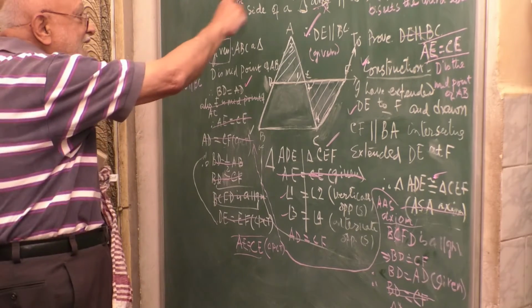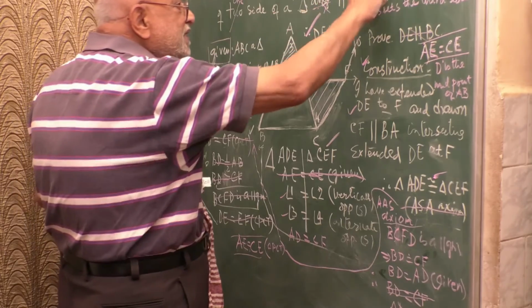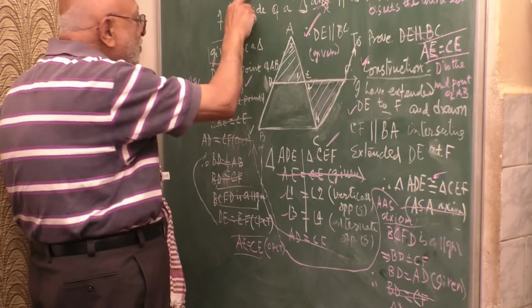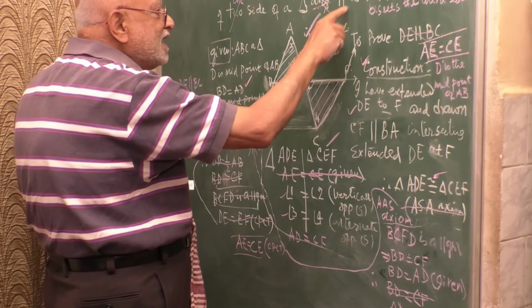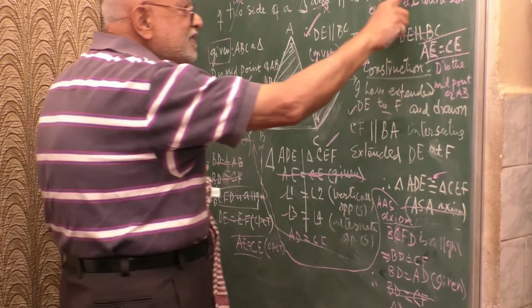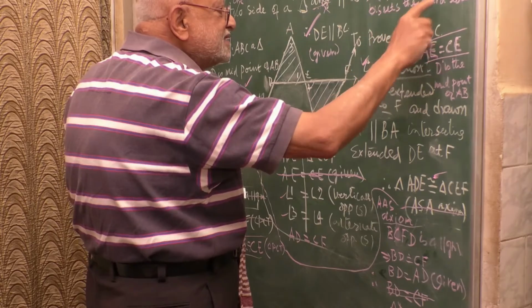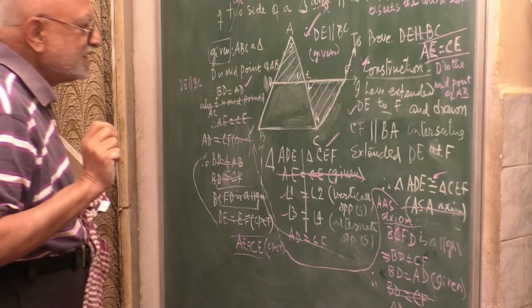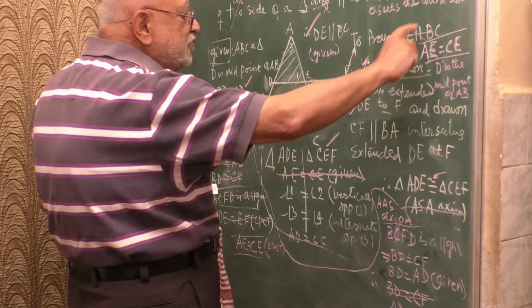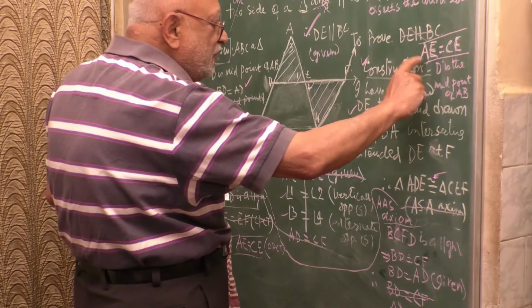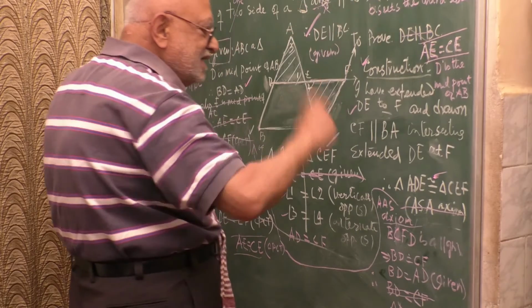So this is: a line segment passing through the midpoint of one side of a triangle and parallel to another side bisects the third side. What you have to prove, previously we proved this is parallel, now we have to prove AE is equal to CE.